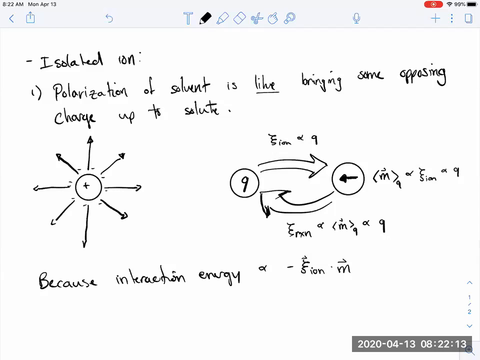The field that it generates goes like the magnitude of the charge, and the dipole that responds goes like the magnitude of the charge. So that interaction energy should scale like q squared. And should be favorable. Independent of the sign of the ion, there should be a favorable net interaction between that ion and the surrounding solvent.